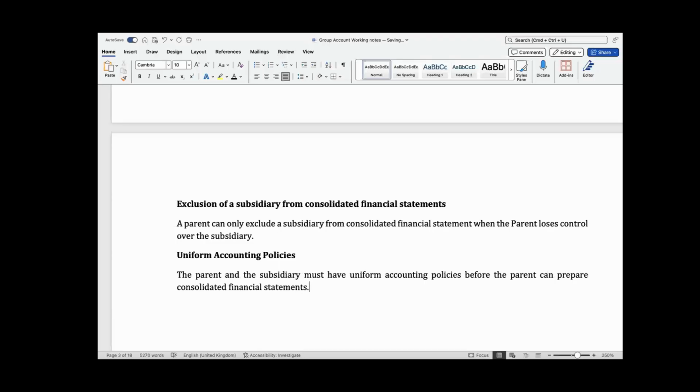If the parent and the subsidiary do not have uniform accounting policies, that means the subsidiary should adjust its financial statements to align with the accounting policy of the parent. It should update its accounting policy to align with that of the parent. Because if they don't have uniform policies, we cannot prepare consolidated financial statements.